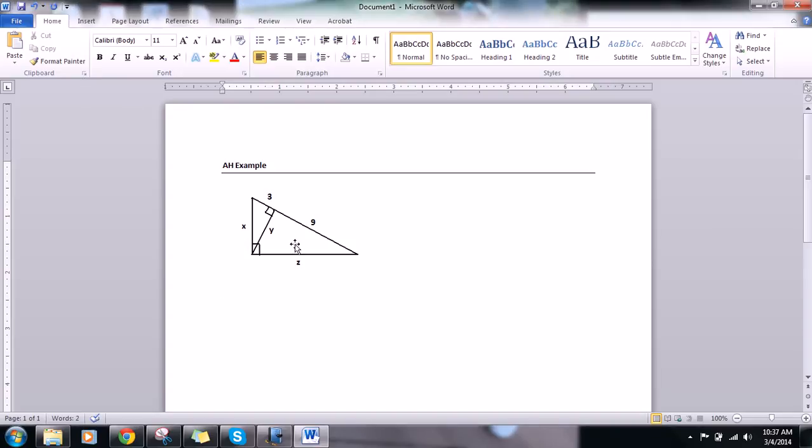Starting with x first, note that x is a leg. So I'm going to use my leg squared equals the piece of the hypotenuse that hits it, times the whole hypotenuse. Using that rule, I can create an equation that will help me solve for x.